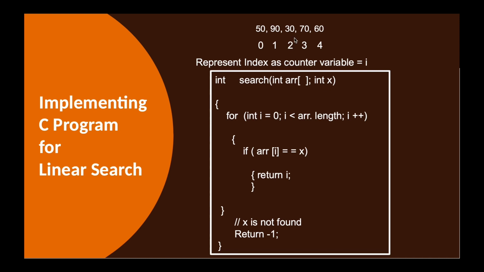Let's take, for instance, that the element we are searching for is 30, and our counter variable i will be on 2. If that is the case, let's open our flowchart.